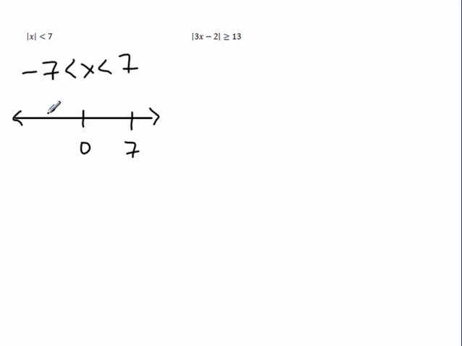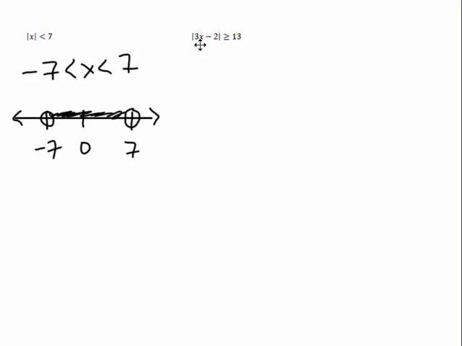So we're going to break this into negative 7 less than x less than 7. And graphing that on a number line, we get here's 7, got a 0, got a negative 7. These are going to be open, and we'll shade in between.